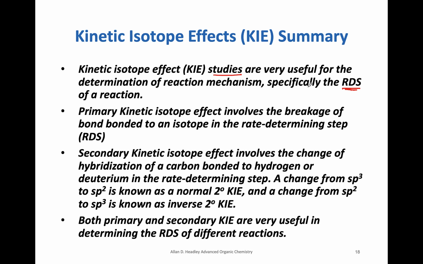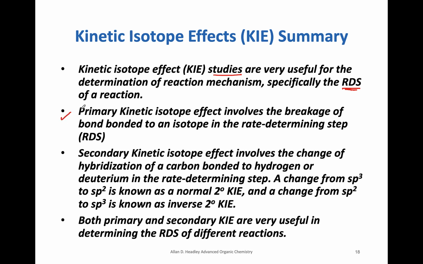The rate determining step can be determined from the kinetic isotope effect studies, or, as we have seen before, the rate determining step can be determined also from linear free energy relationship studies.